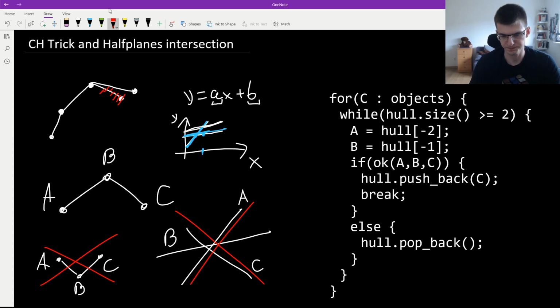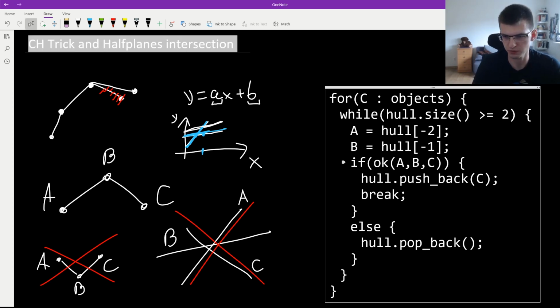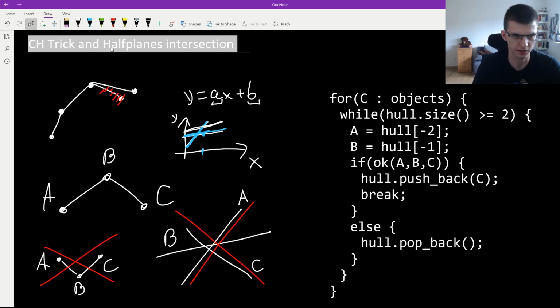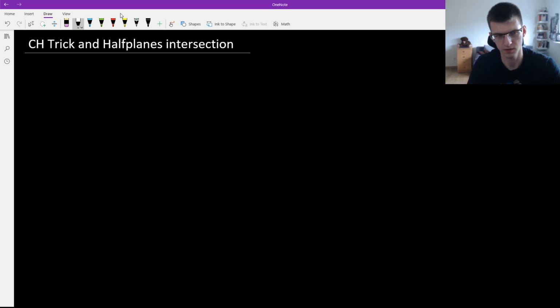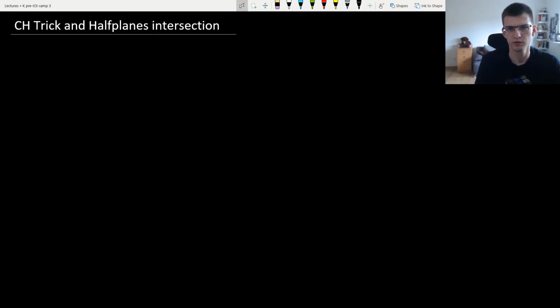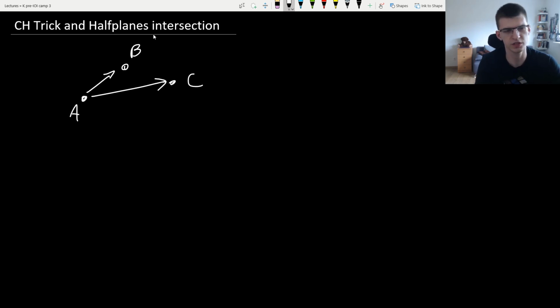So what is the function OK for different things? For three points A, B, and C, the easiest thing is to check the cross product of vectors AB and AC.